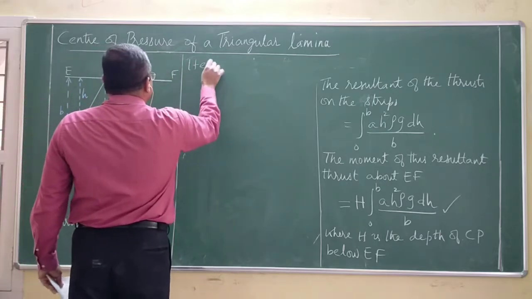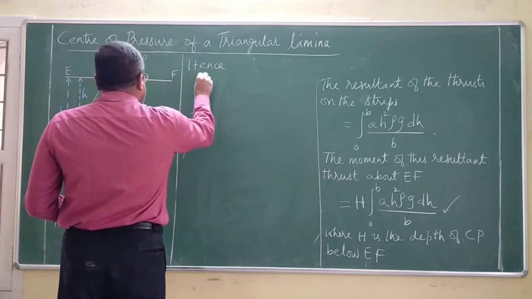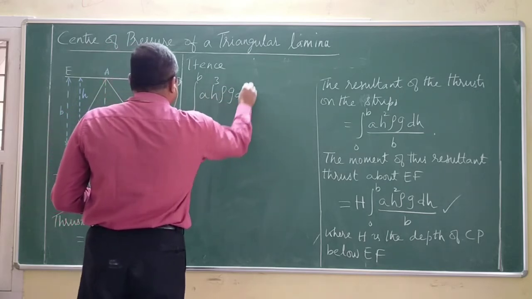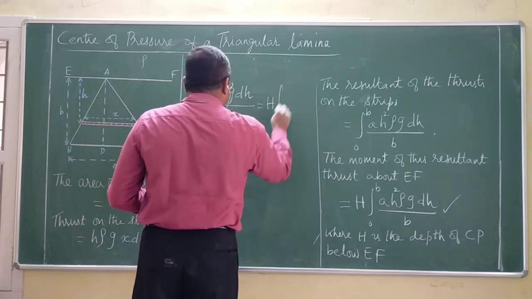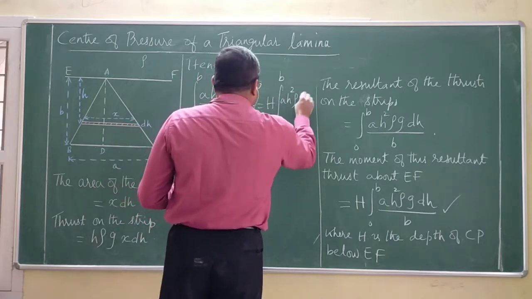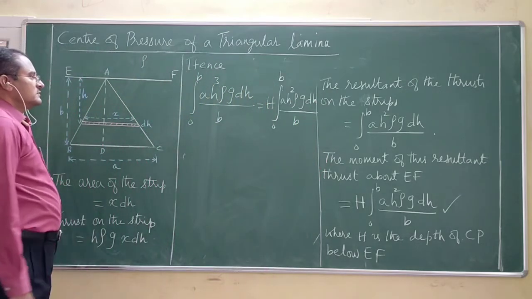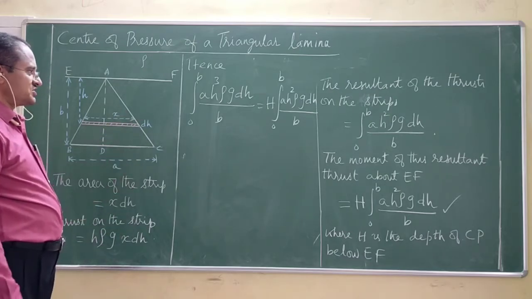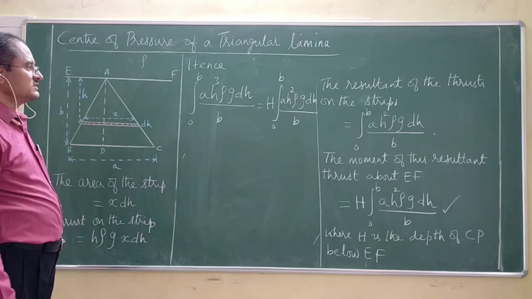Hence, this previous expression, integral 0 to b of a h cube rho g dh upon b, is equal to capital H integral 0 to b of a h squared rho g dh upon b. All other things being constant, this will have only h cube dh, and that will have capital H integral 0 to b of h squared dh.